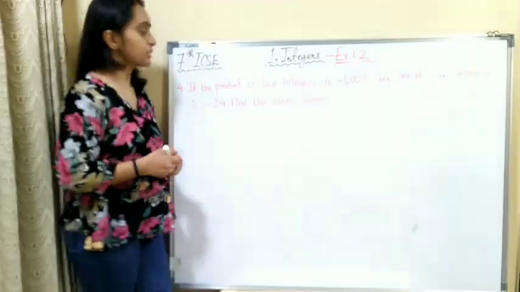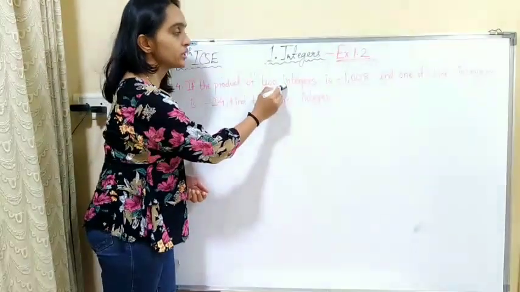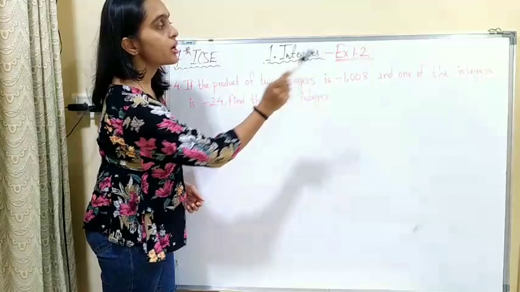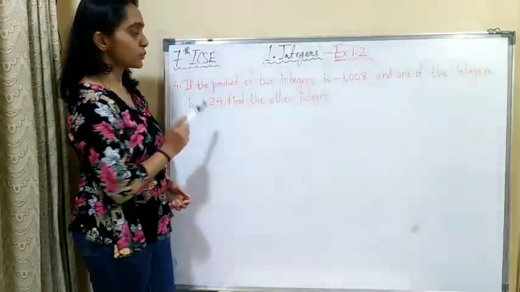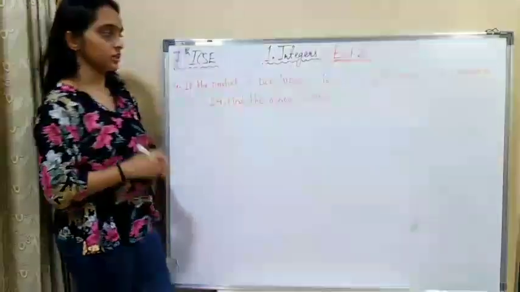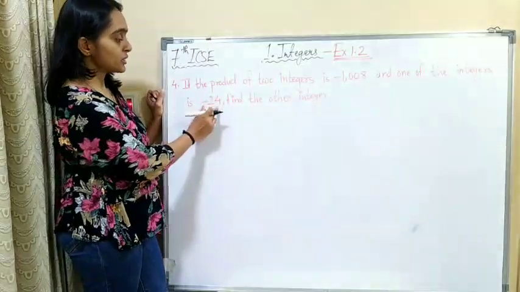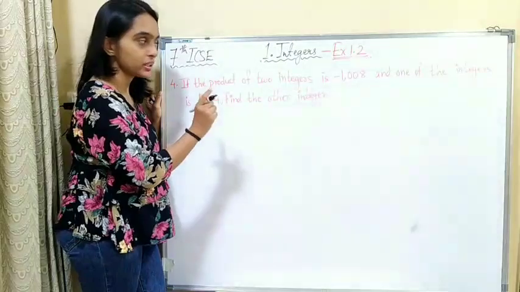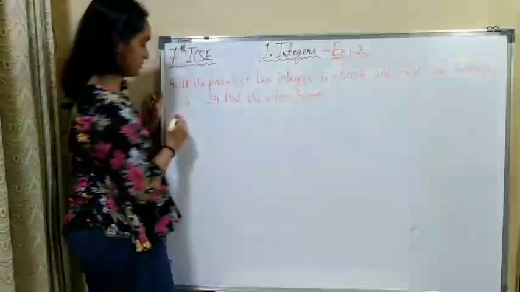The next question says if the product of two integers is minus 1008 and if one of the integers is minus 24, then find the other integer. So one integer is given as minus 24 and when you multiply it by some integer you get this as your final answer.